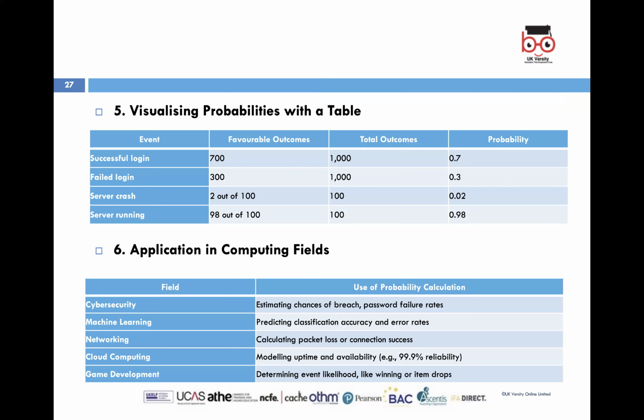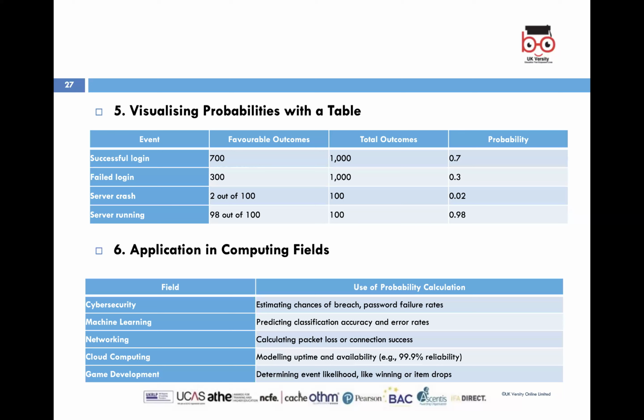Visualizing probabilities with the table. It shows here how to visualize probabilities with the table. For example, as we discussed, successful login, the favorable outcome was 700 out of the total outcome of 1,000, therefore the probability is 0.7.